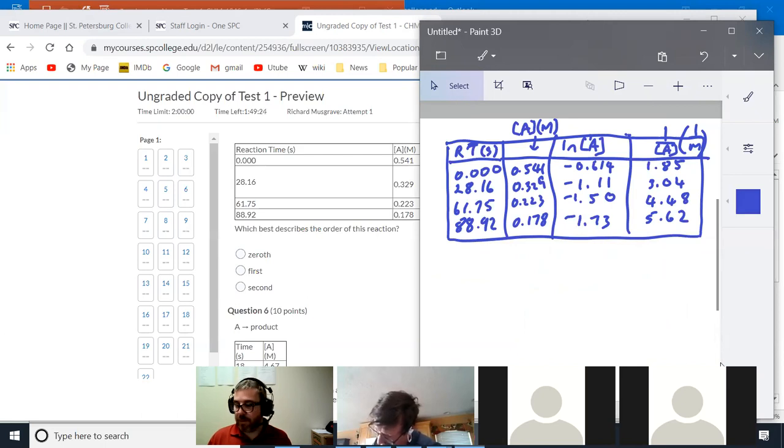When someone comes up with the solution, I'll write down what the slopes are for each one, and then we'll take a look at it.